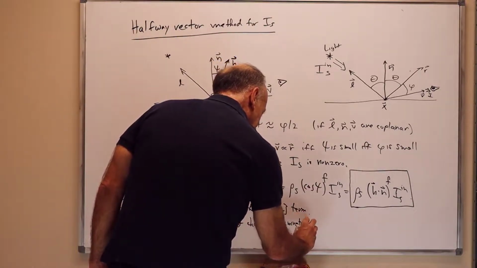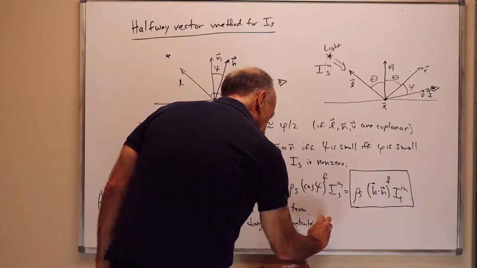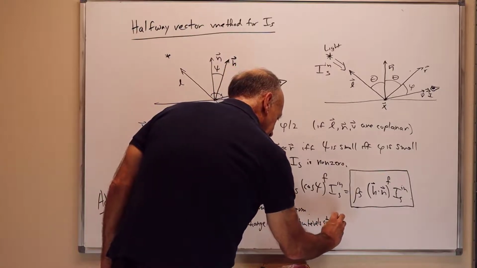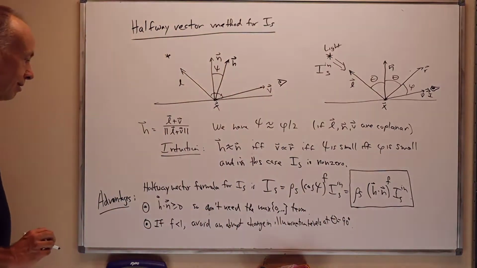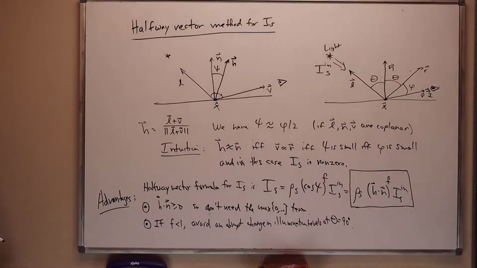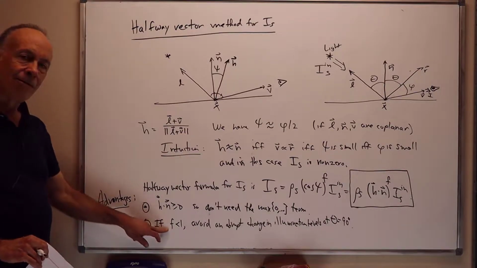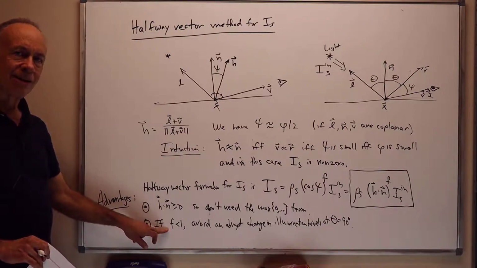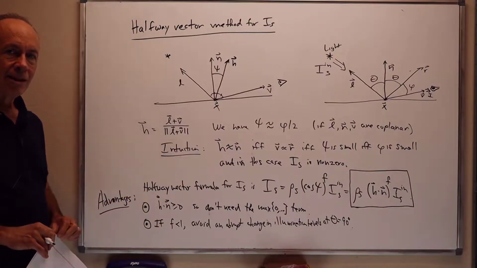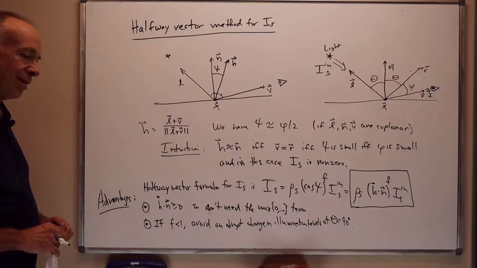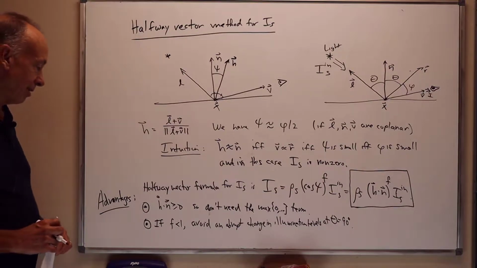That happens in the earlier case when theta was exactly 90 degrees. This is a somewhat strange advantage, to be honest, because f less than 1 is not really the intended use of specular highlights. That would give you a huge specular highlight, which would not be a traditional specular highlight.